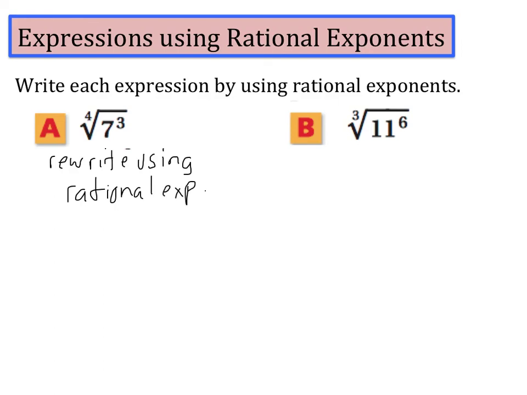So I know that taking the fourth root of something is the same as taking that same term and raising it to the 1/4. Now what I want to do with that after I raise it to the 1/4 is distribute it to here. So my final term is going to be 7 raised to the 3/4.